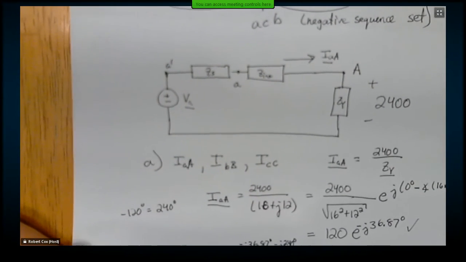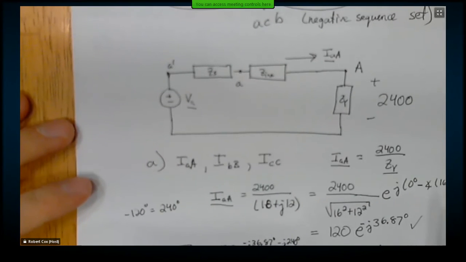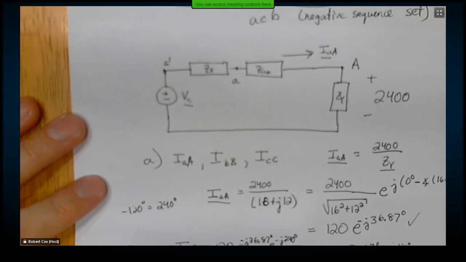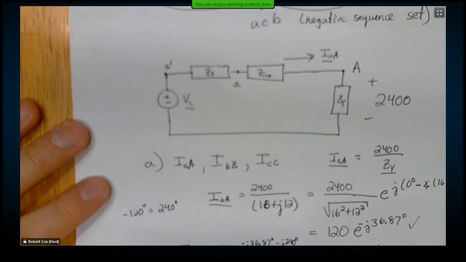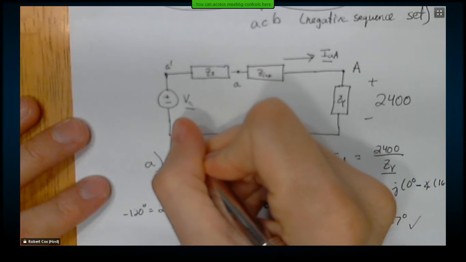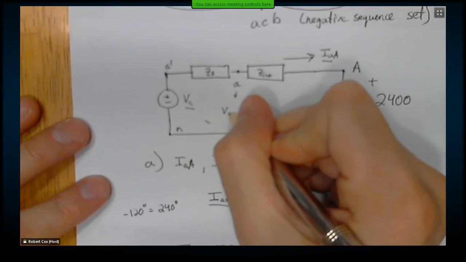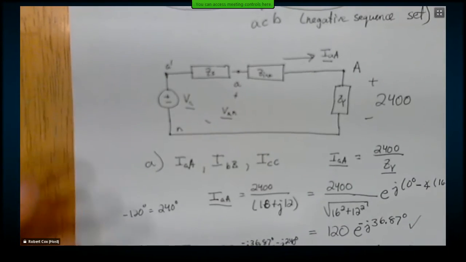The simplest thing is to find in our single phase equivalent circuit what VAN is. Once I know that, I can use it to convert to the line-to-line voltage, because we know the relationship between line-to-line voltage and line-to-neutral voltage.